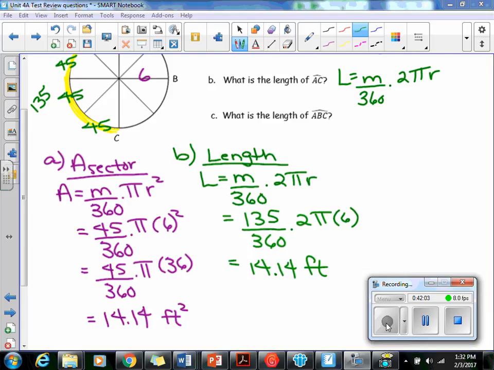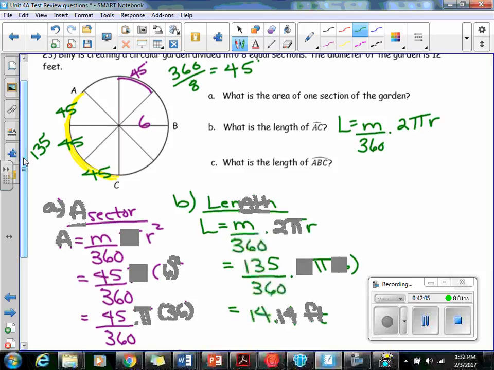The question is, what is the length of arc ABC? So again, you have to look at the picture and figure out what is the measure in degrees of arc ABC.